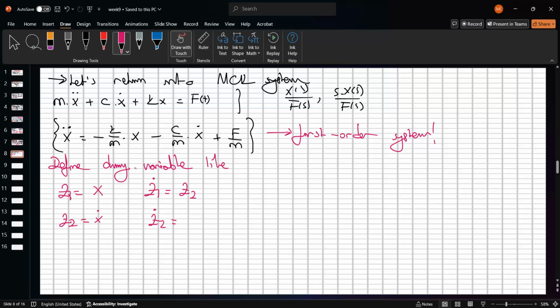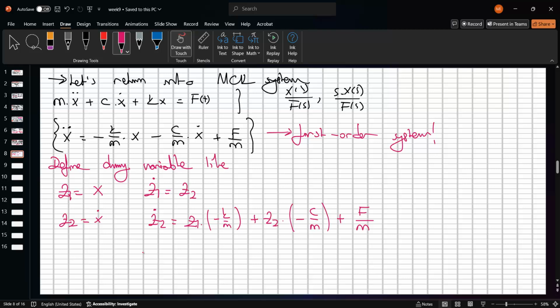So how can we write this value? First of all, x double dot is equal to z1 times minus k divided by m, plus z2 times minus c divided by m, plus f divided by m, right?